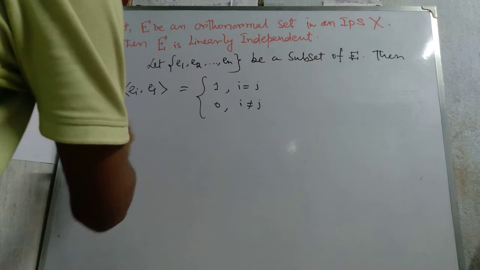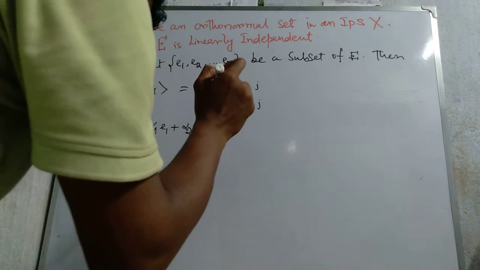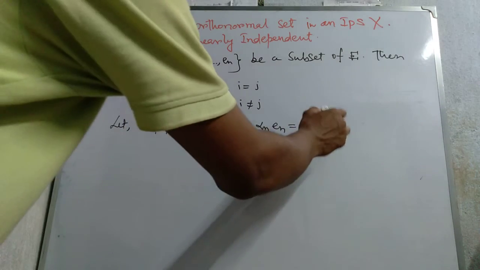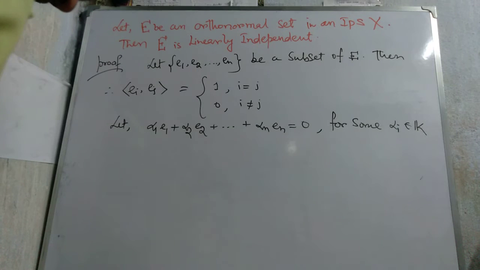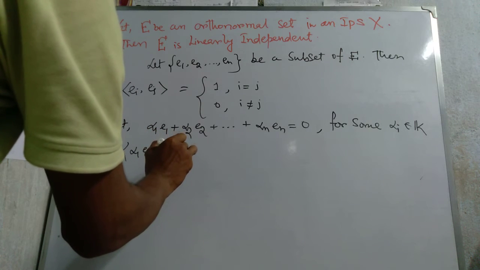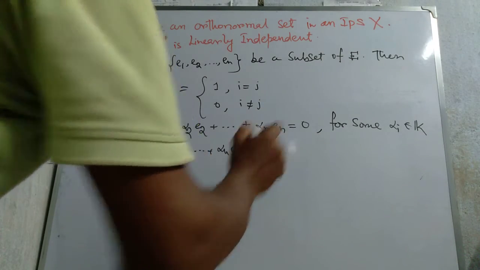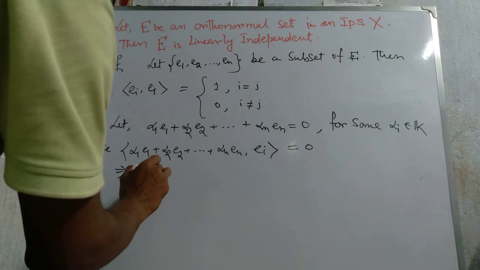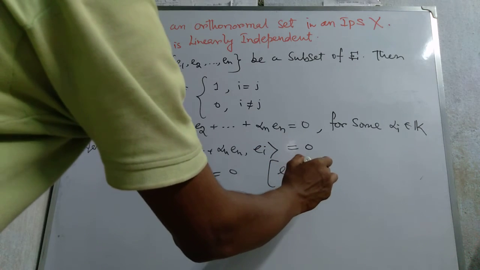Let alpha 1 e1 plus alpha 2 e2 plus ... plus alpha n en equal 0 for some alpha i belonging to the scalar field K. Taking the inner product with ei, this gives alpha i times the inner product of ei with ei equals 0, and the remaining terms are 0.